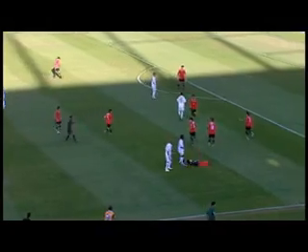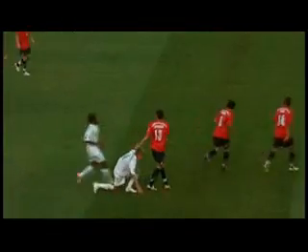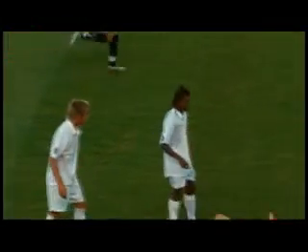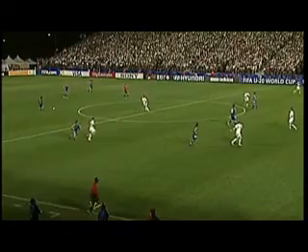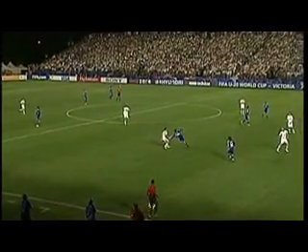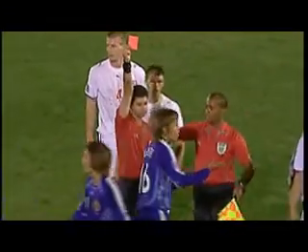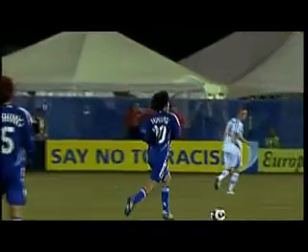This punch is violent conduct. The referee is very well positioned to see this other example of violent conduct. A player is guilty of violent conduct if he uses excessive force or brutality against an opponent when not challenging for the ball.